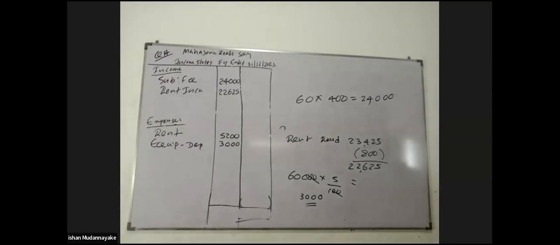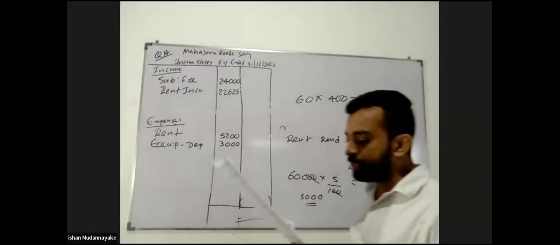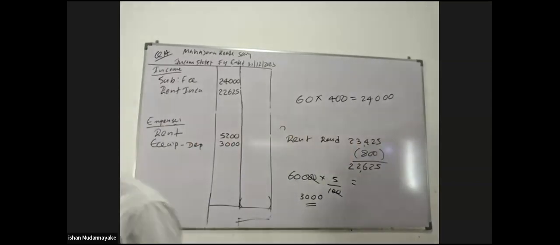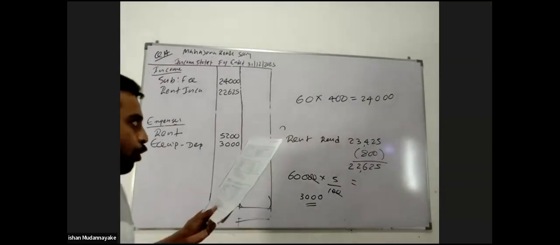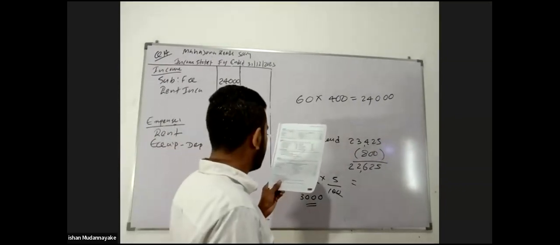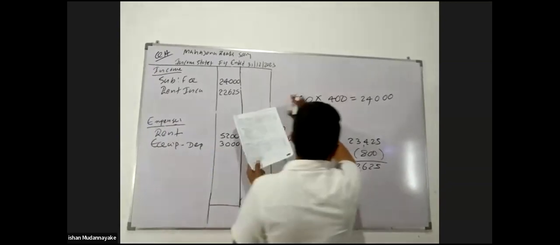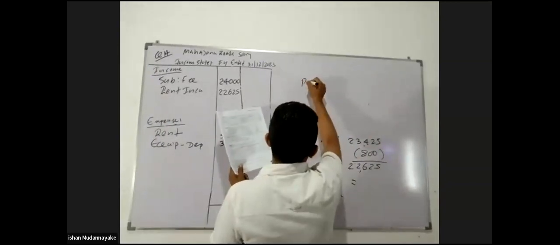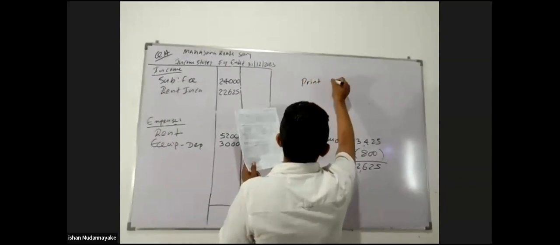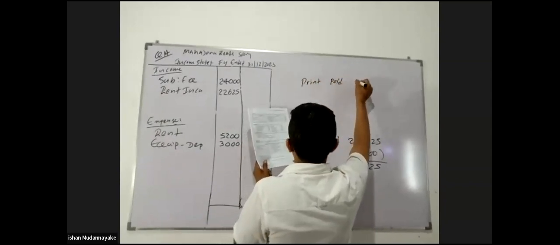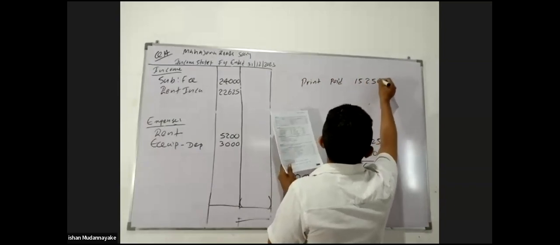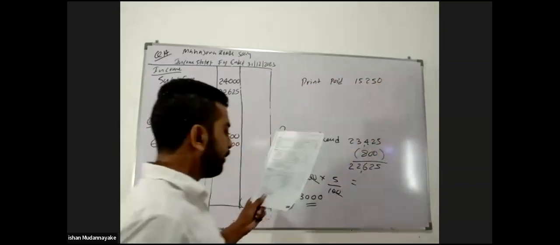Next one. Prepaid printing expenses 700. Now, my total printing expenses, how much? Total paid amount for printing is 50,250.